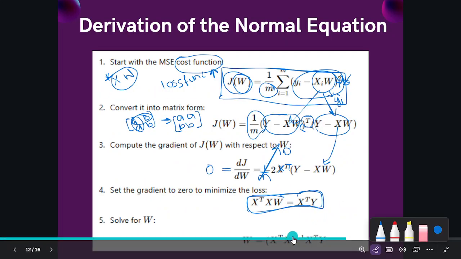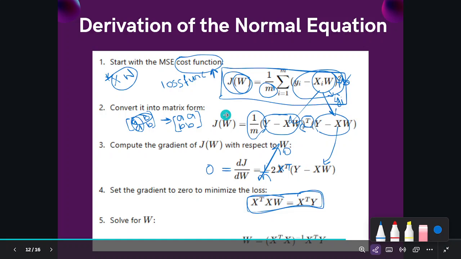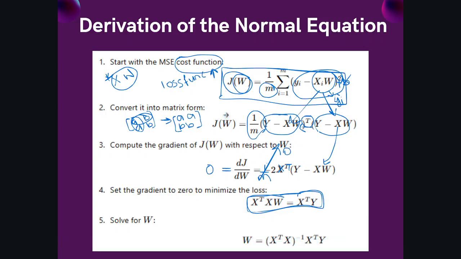I don't know if you are able to see it or not. Yes. You can calculate this on your own also. Just try it once. This derivation is not so hard.